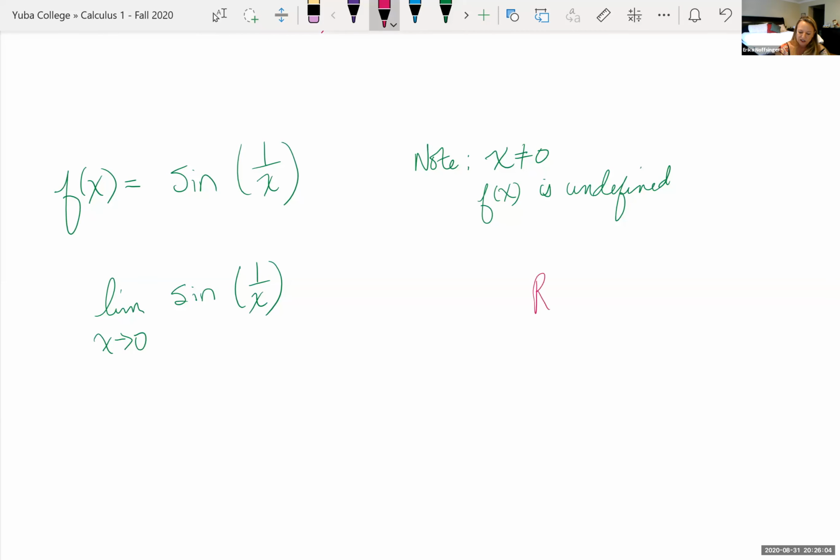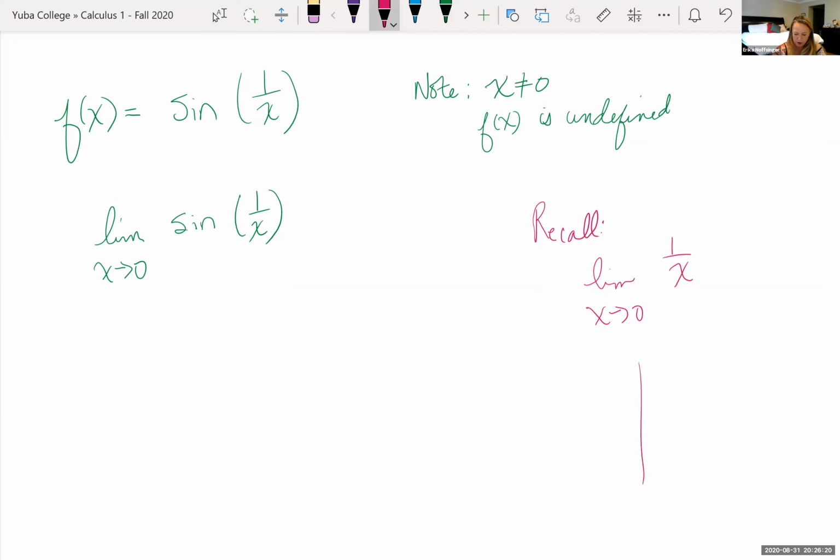Recall, we looked at the limit as x approached 0 of 1 over x. If you plug in numbers, and look at the graph of 1 over x, it looks similar to this. One over a positive number less than 1: 1 over 1/10 gives us 10, 1 over a 100th gives us 100, 1 over 1,000 gives us 1,000.